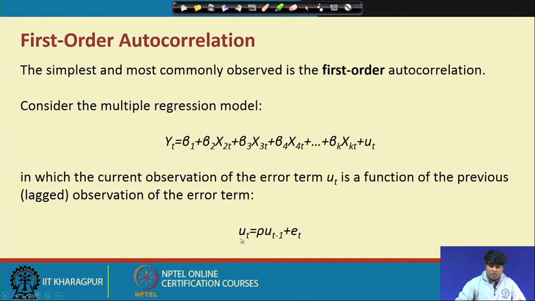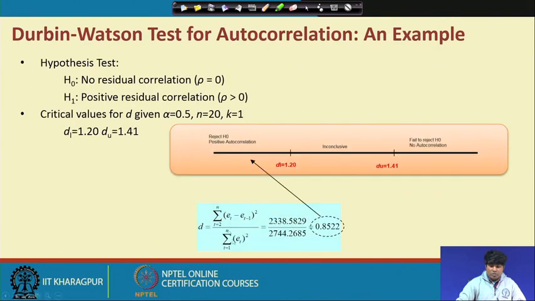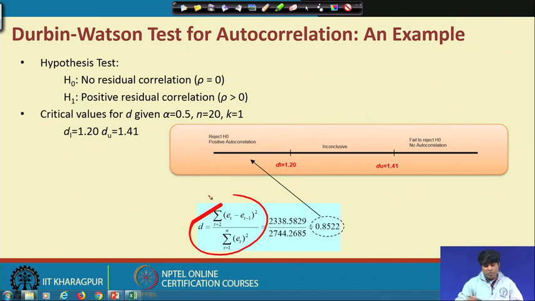Technically, the Durbin-Watson D statistic will be the covariance between u t and u t minus 1 divided by the variance of u t. That is how we have reported it here. This gives the procedure through which you calculate the Durbin-Watson D statistic value, and then we check the degree of existence.